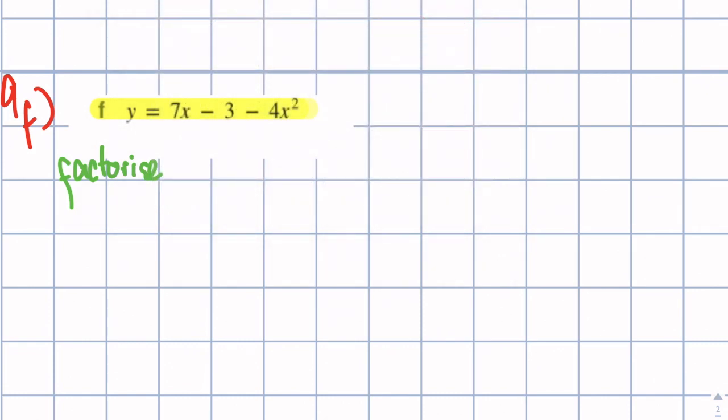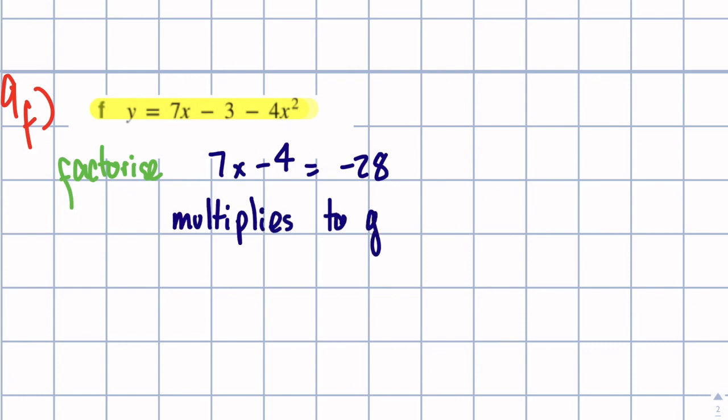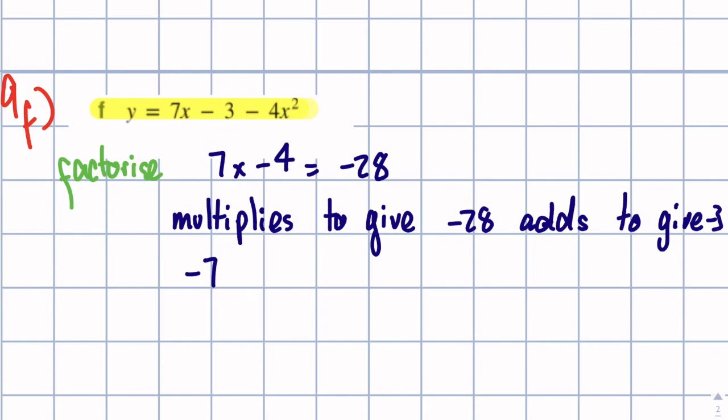So again, 7 times negative 4 equals negative 28, multiplies to give negative 28, adds to give negative 3. We've got minus 7x and plus 4x, because minus 7 plus 4 is negative 3. So f of x is, oh no, I can use y in this question. Y is 7.